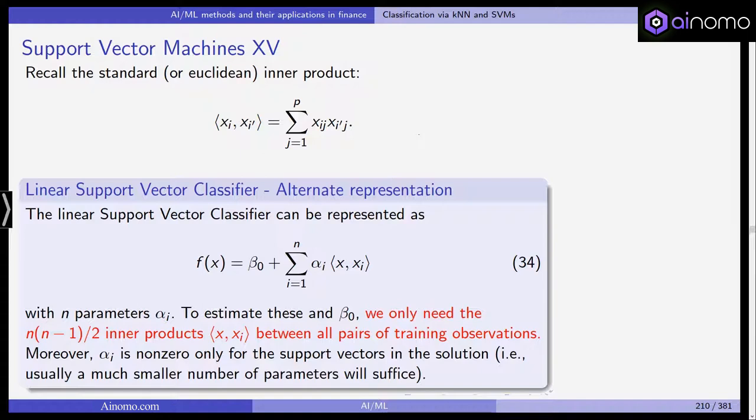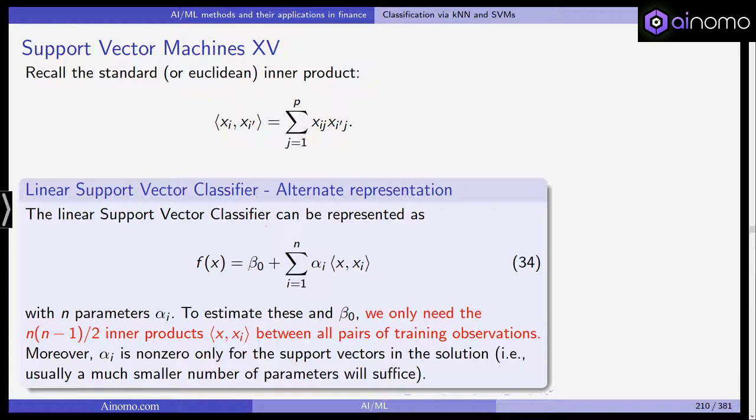First of all, recall the standard, in this case the Euclidean inner product for two vectors, xi and xi dash. You have the scalar product, the Euclidean inner product of two vectors, and we need this because the linear support vector classifier can be represented.